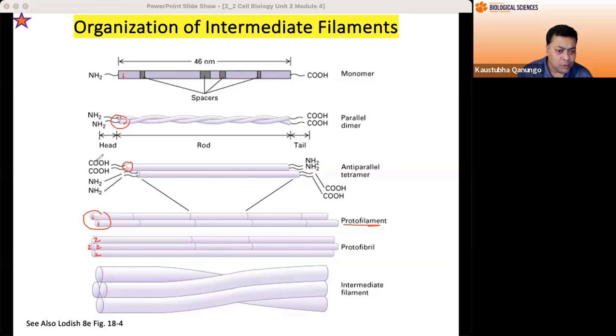And as you do not have the C and N, it becomes a little bit confusing in here. But just remember that each one of them will have 2. Here you will have 2, 2, 2, and 2. So this entire protofibril, that entire bundle, will form one of these. So that's how it goes.